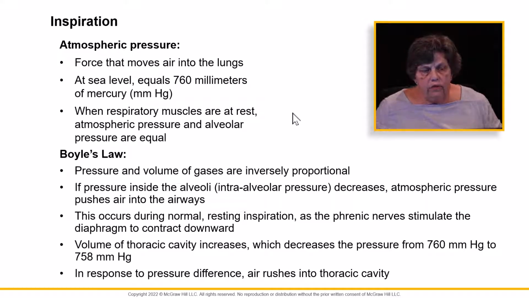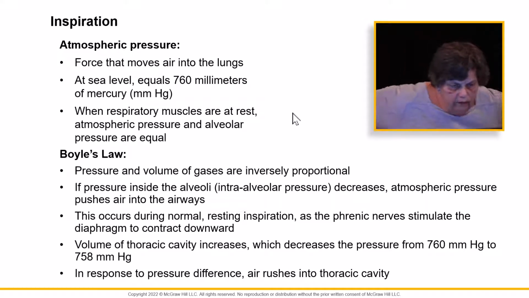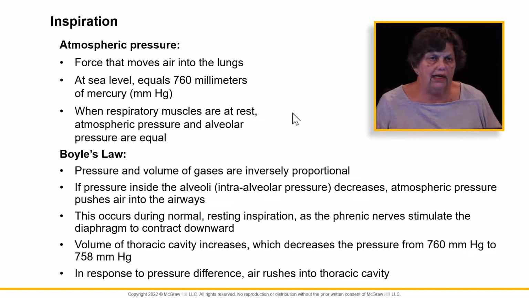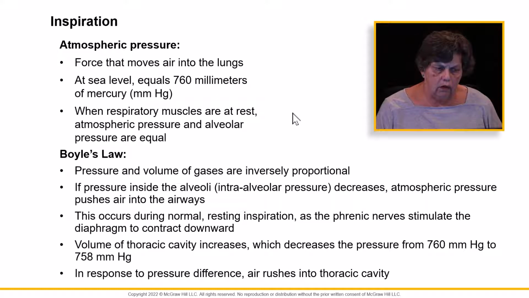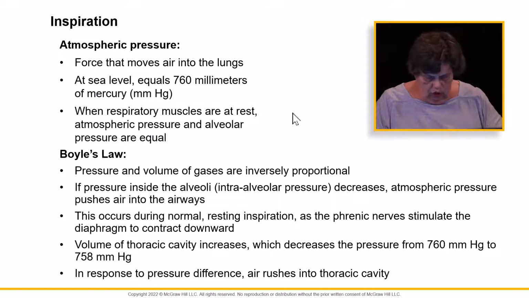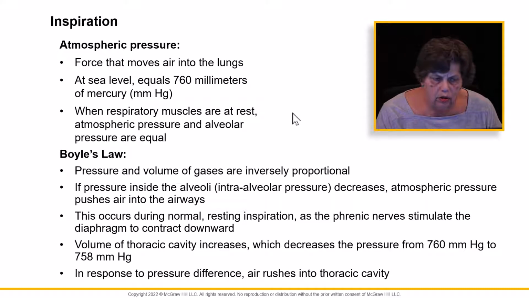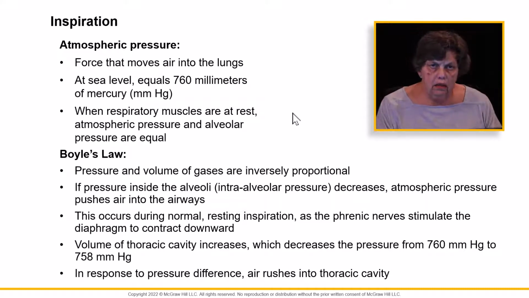Now, the way we have to do that is change the volume of the thoracic cavity. All right? And so when we drop the diaphragm and expand the rib cage, that volume increases. And that decreases the pressure in the lungs down to 758, you guys can read.